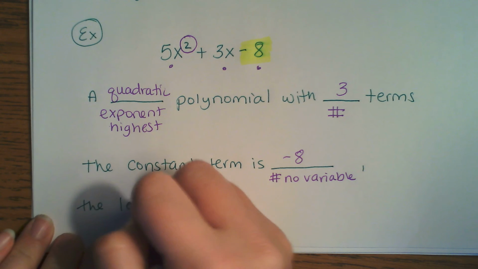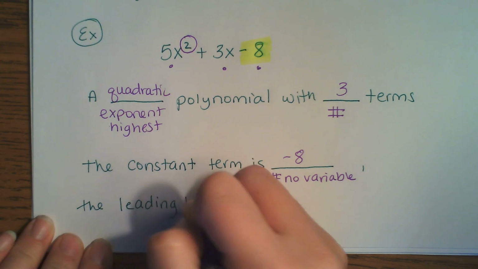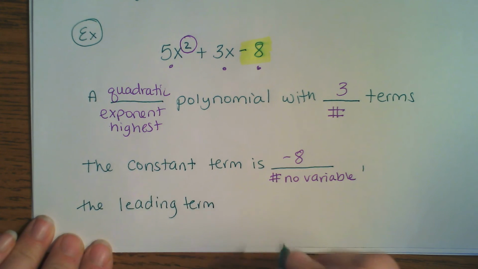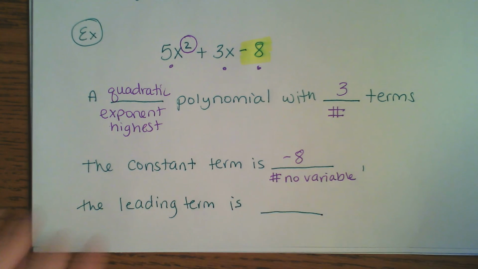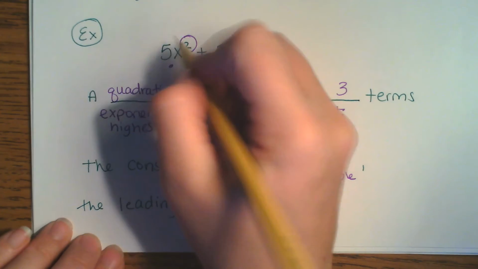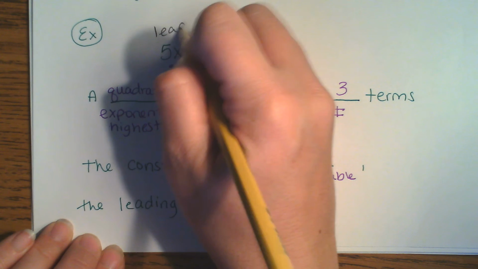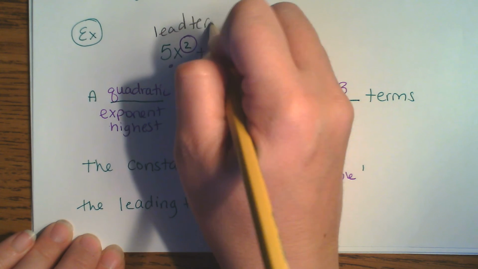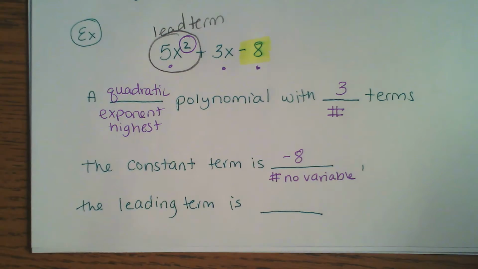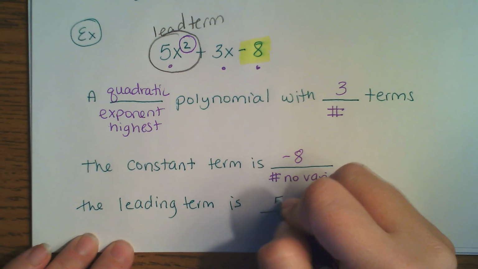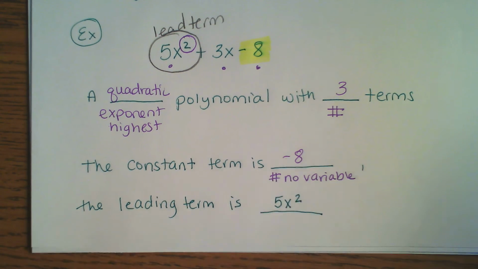The leading term, and this is where people got messed up a little bit in this section. The leading term is talking about the number and its x. So the lead term we would say is 5x squared.